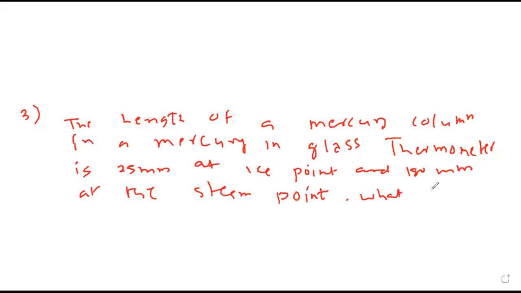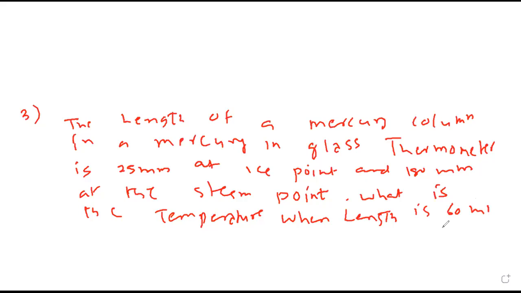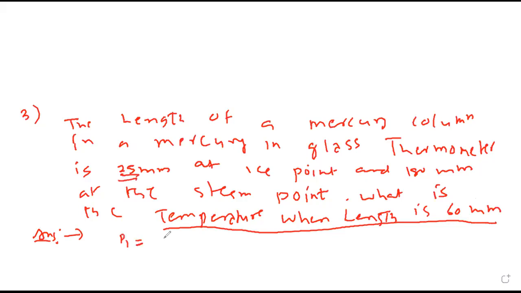What is the temperature when the length is 60 millimeter? Now see what it means. Temperature we want at 60 millimeter. At 0, P1 is 25 millimeter. That means we are taking the property of length of mercury as P at ice point.